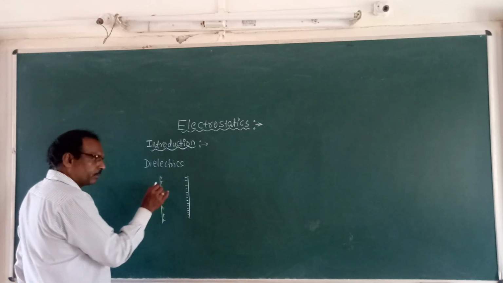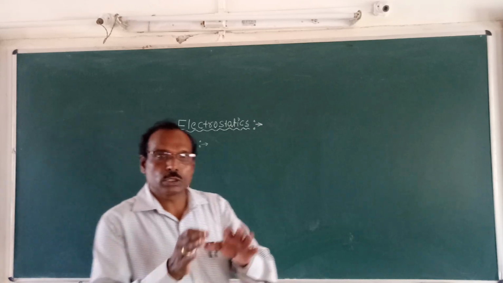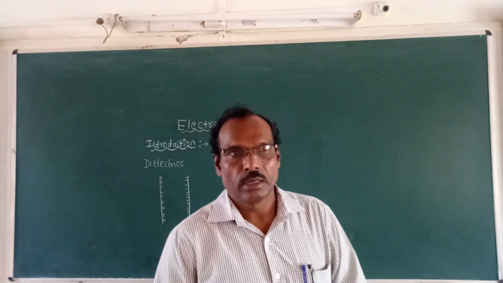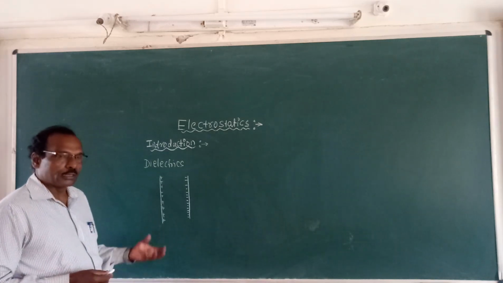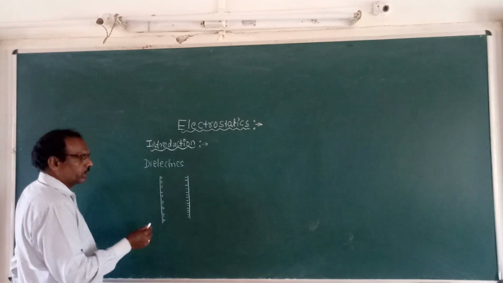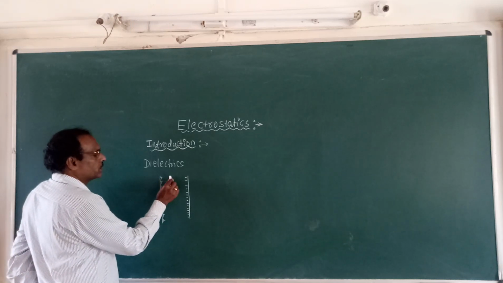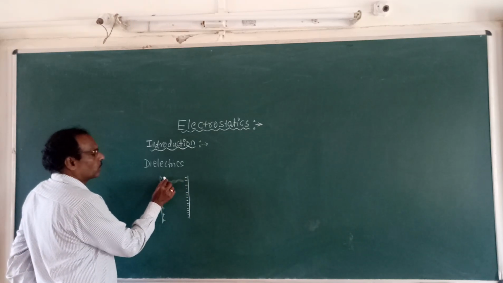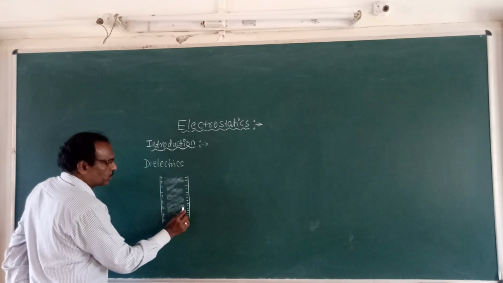The basic purpose of a capacitor is to store charges. The storing capacity, called the capacity of a capacitor, is enhanced when we insert a material called a dielectric material between these two plates.